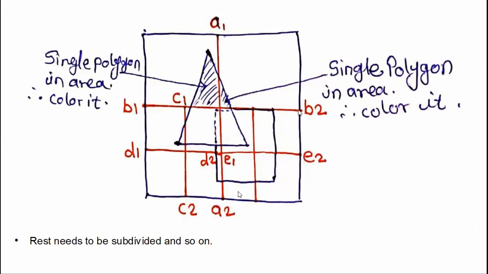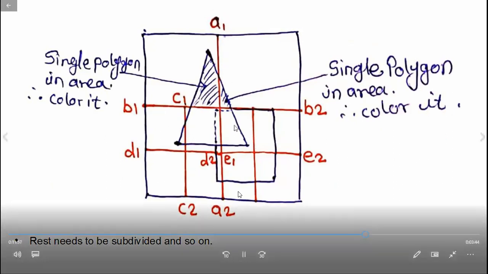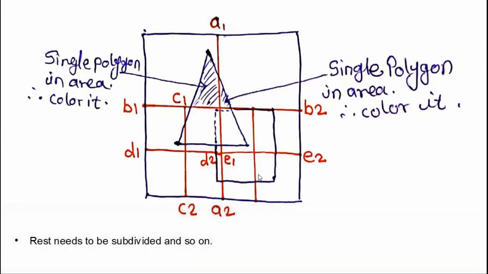Consider that initially we have performed the first iteration, that is, the first subdivision. So I have divided this area into four parts: first, second, third, and fourth. Forget about C1, C2, D1, D2, E1, E2, etc. Now I have divided this screen into four parts, 1, 2, 3, and 4.